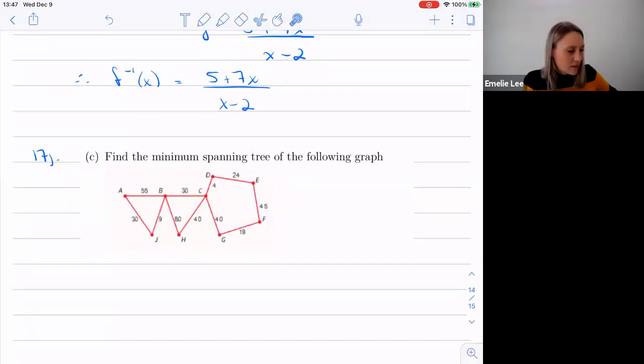I think I don't even really draw in a blank. That's the one where we circle the shortest ones until we've cut all the vertices, right? I think. Let me just check. It is.